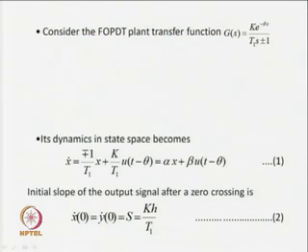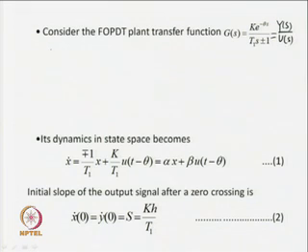Consider for analysis of the closed loop relay control system the first order plus dead time plant transfer function G(s) equal to K e to the power minus theta s upon T1 s plus or minus 1, which is equal to y(s) upon u(s), where y is the output and u is the input to the system.